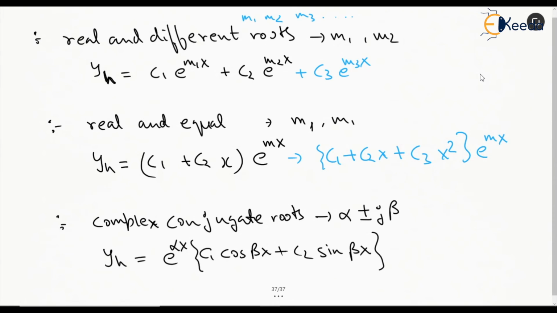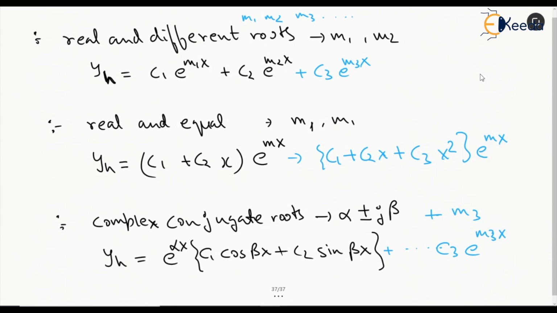And probably if we have two pairs of complex conjugates, then we can have more terms like this. Or if we have, let's say, one complex conjugate pair and then one real root, let's say m3, then we can simply add c3 times e to the power of m3x.